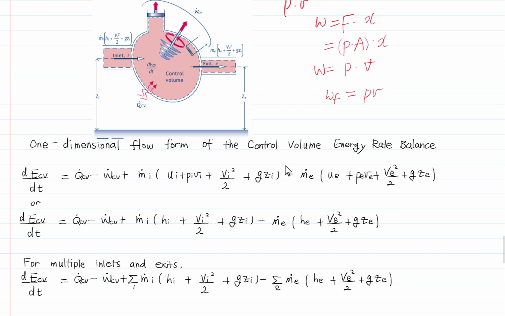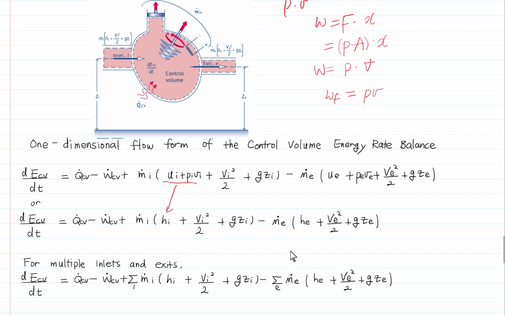So this is the energy of a flowing fluid of mass m. And for convenience, we combine the internal energy and flow work, and it's called enthalpy. So enthalpy is the sum of internal energy and flow work.